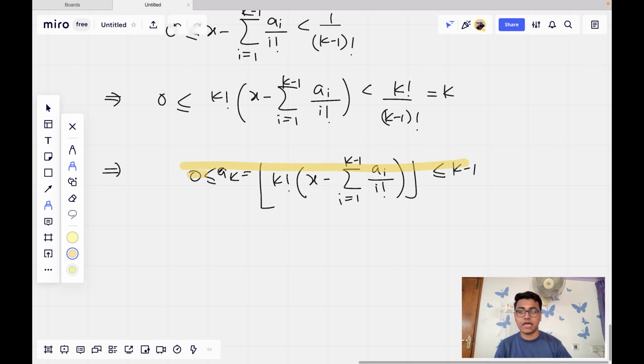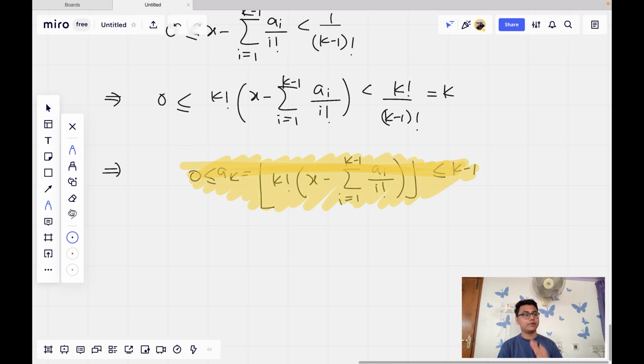Now you will notice that we haven't shown that this summation representation of the rational number x is finite. We haven't shown that this summation terminates. It could be that it goes on till infinity.